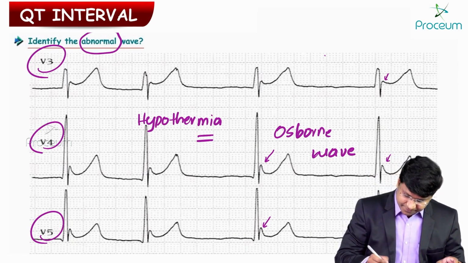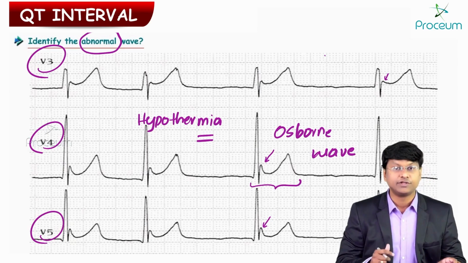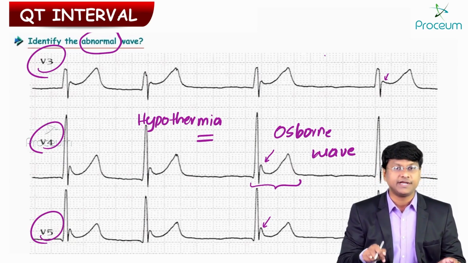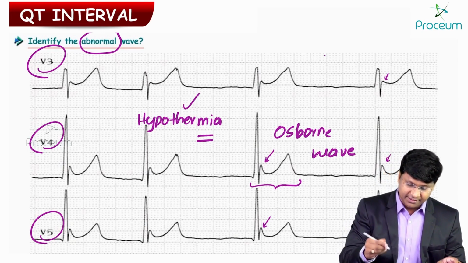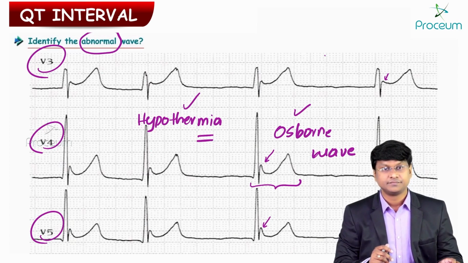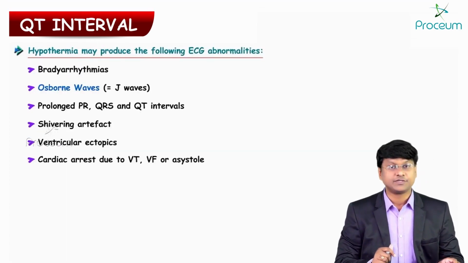If you take the QT interval in these individuals, it is definitely prolonged. It is more than 440 milliseconds. But along with the prolonged QT interval in patients with hypothermia, there is an additional wave called the Osborn wave.